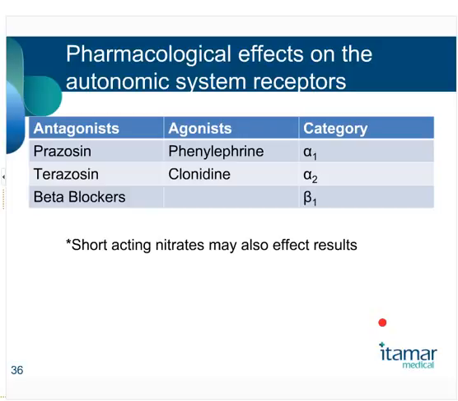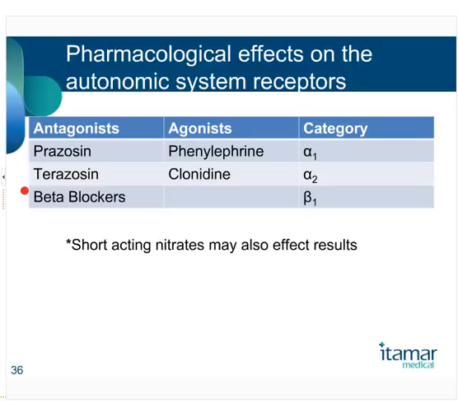So anything that antagonizes the alpha adrenergic nervous system could potentially affect the integrity of this signal. So drugs like prazosin or terazosin are the most notorious offenders in this group. Beta blockers to a lesser extent, because beta blockers are working on the beta adrenergic nervous system, not the alpha adrenergic system in most cases. However, as you know, there are some beta blockers that also have some alpha effects as well.